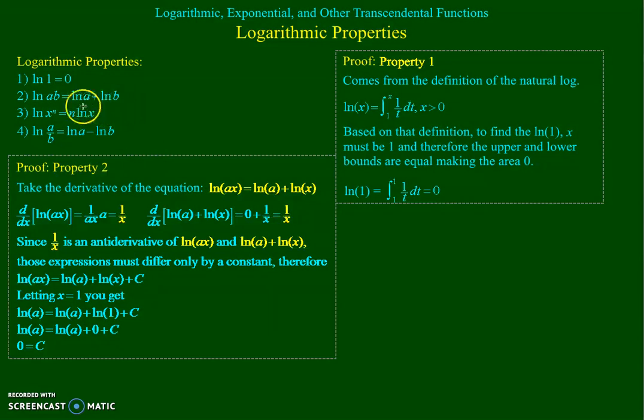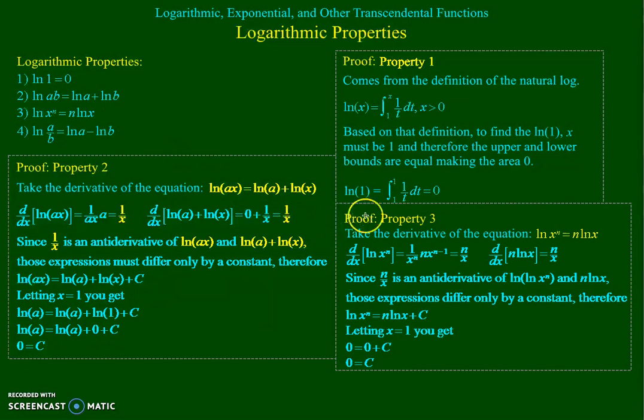Now let's look at property 3. This is ln of x to the n equals n times ln of x. So we've basically taken the exponent and pulled it out in front of the natural log. We're going to do something very similar in property 3 to what we did in property 2. We're going to consider the derivatives of the left-hand side and the right-hand side.